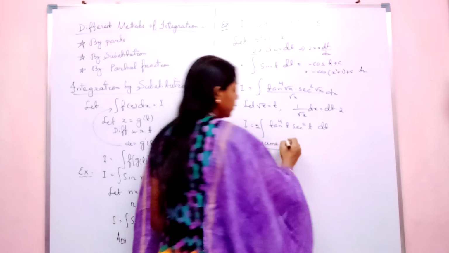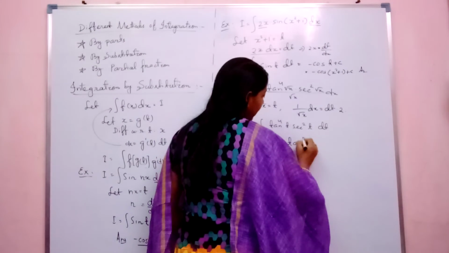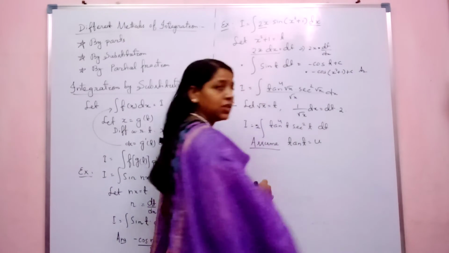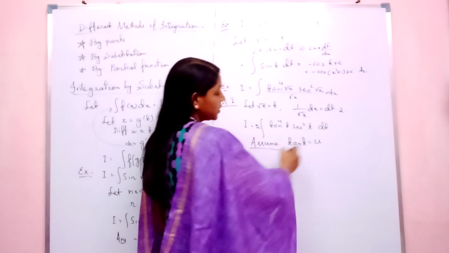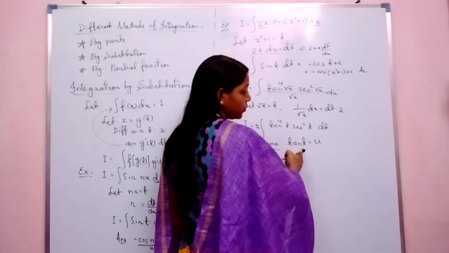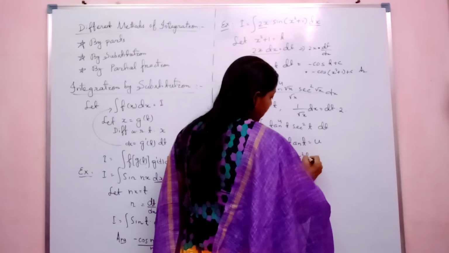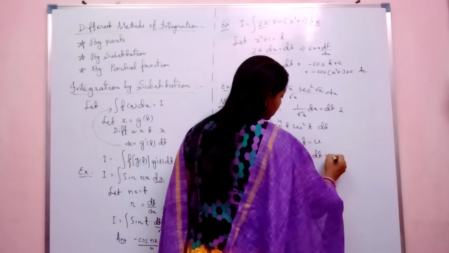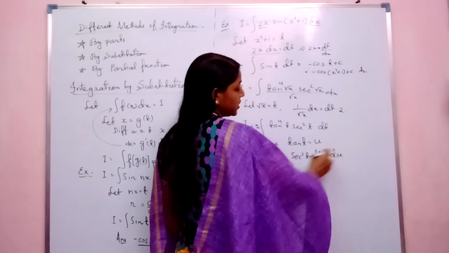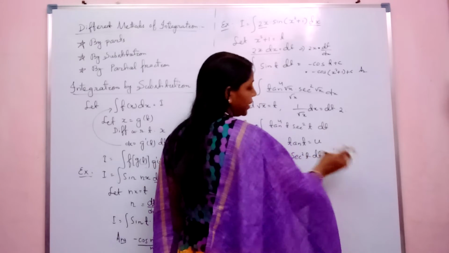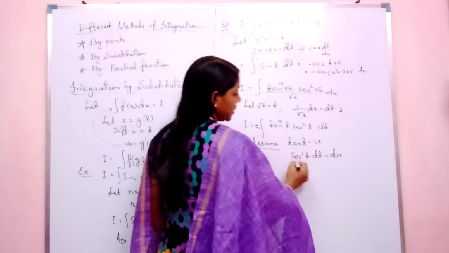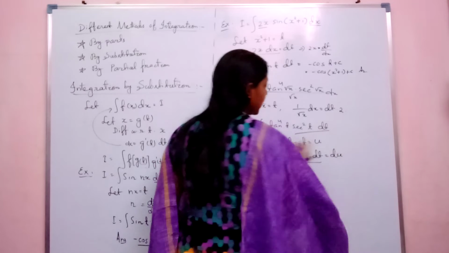Okay. So what I assumed, my tan t, let it be some other function u. If you differentiate it with respect to t, what you will get? Secant square t dt equal to du. Otherwise you write secant square t equal to du by dt. Now see, secant square t dt is directly present.